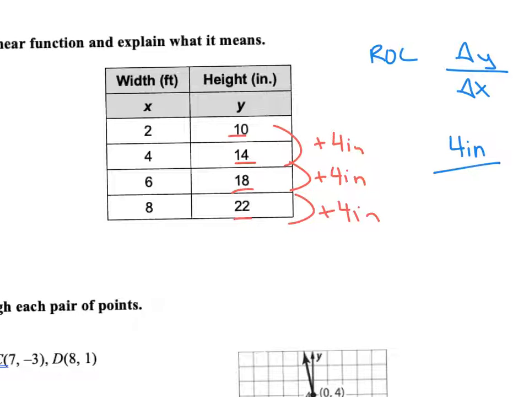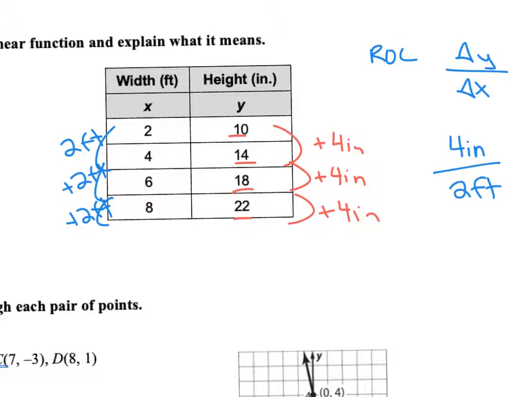Now our change in x, we go from 2, 4, 6 to 8. So we are adding 2 feet each time. Okay, so our change in y is 4 inches, that goes on top. Our change in x is 2 feet, so 2 feet goes on the bottom. So again, change in y over change in x. So we want to simplify if possible.